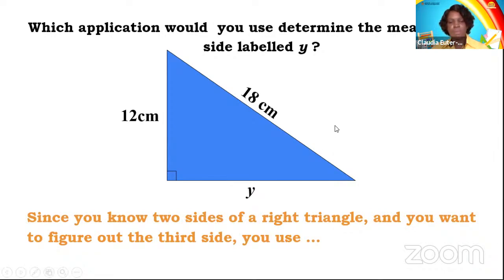Let me just take one from the chat. For number 1, I think I went too far in my chat. I think Micah did say Pythagoras theorem, and Shane. So, Micah, could you tell me why you said Pythagoras theorem for this one?